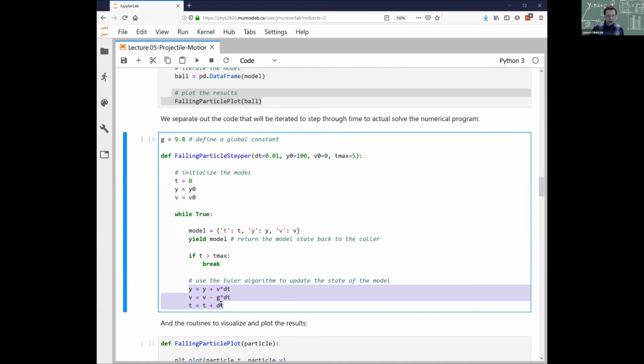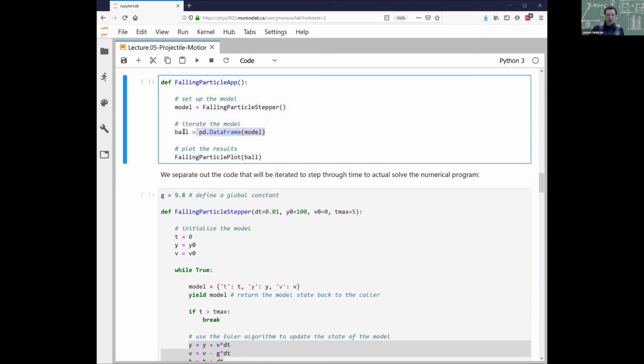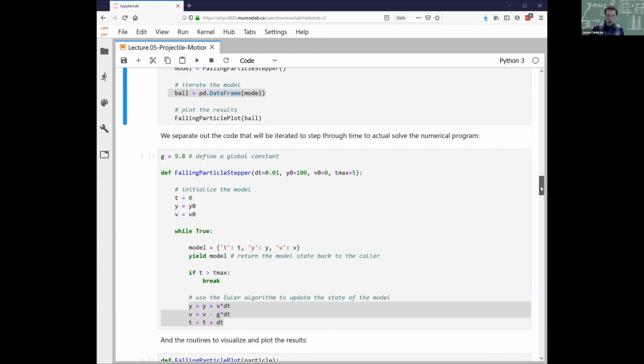We talked about a couple lectures ago how to write a loop that did this. And what we learned was this guy right here, this idea of using a pandas data frame, has inside of it a loop. What it's doing is it turns this model, this thing that's going to spit out t, y, and v every time you call it, into all of those things as 3 columns in something called a data frame. So it's a way of iterating through this model all in one go.